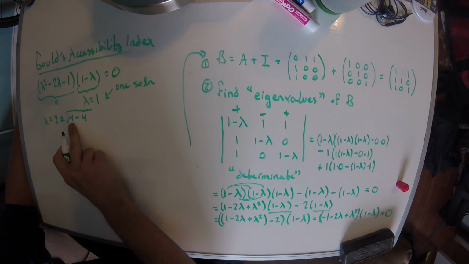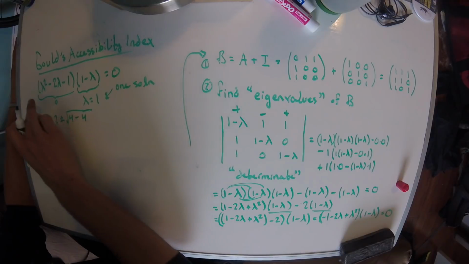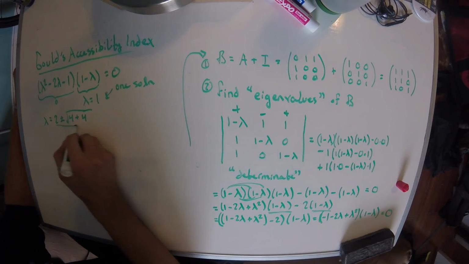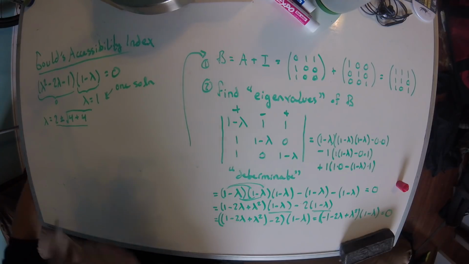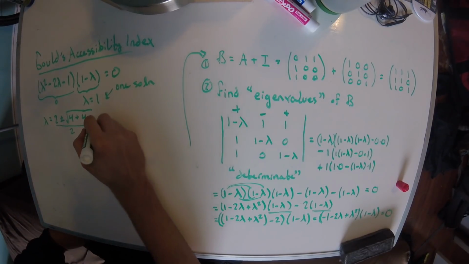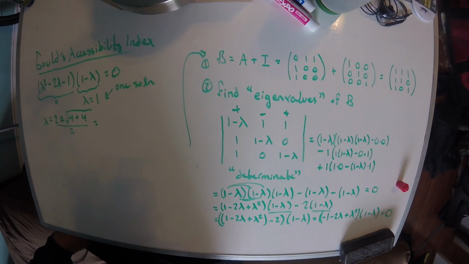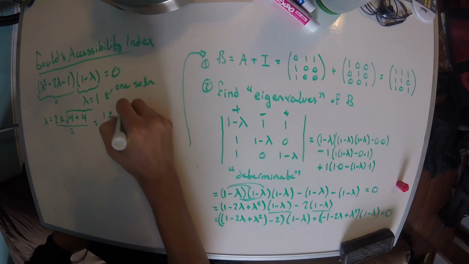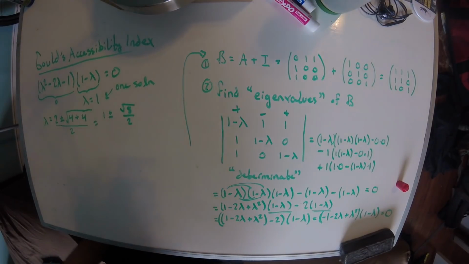Right, it is b squared minus 4 times plus 1 times negative 1, so yeah, it's plus 4, all over 2a, so all over 2. And so this equals 1 plus or minus the square root of 8 over 2.